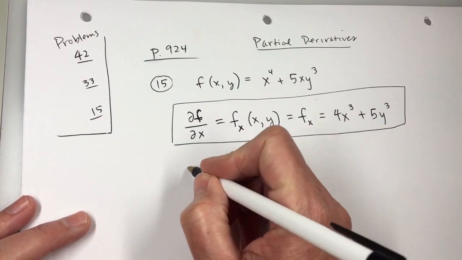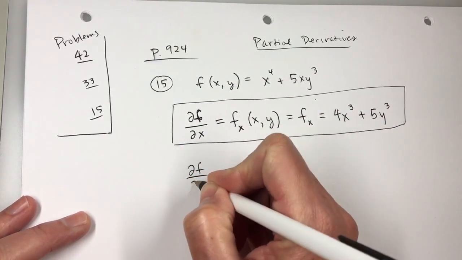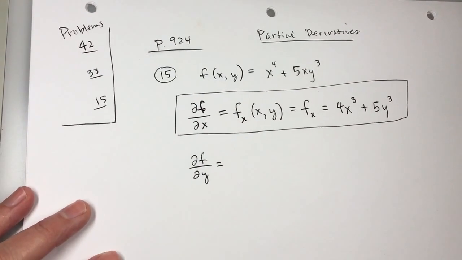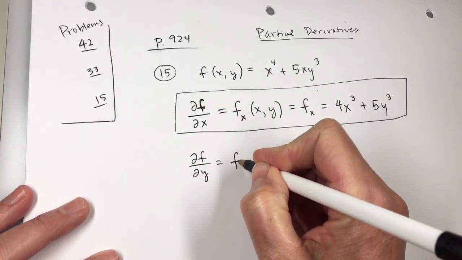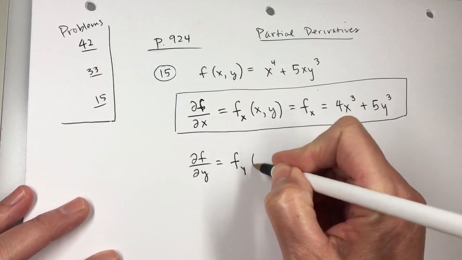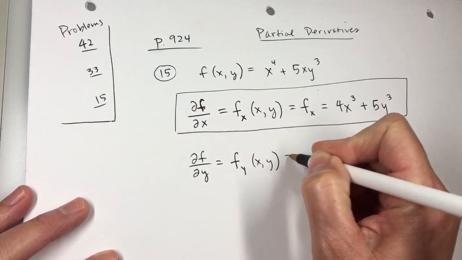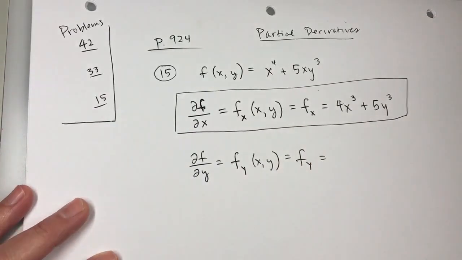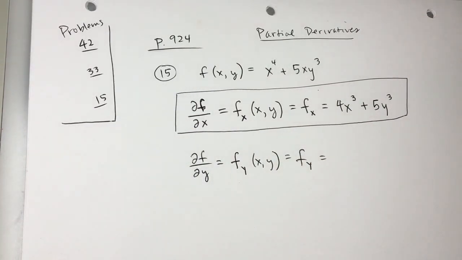And then I'll do the partial of f with respect to y. You could write that as f lowercase y of x comma y, or f lowercase y. This time x is a constant.